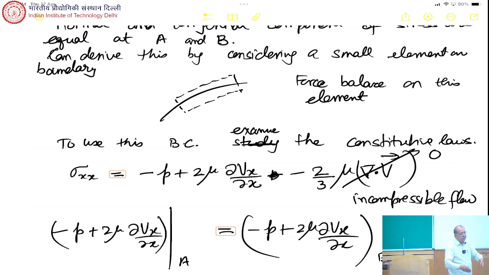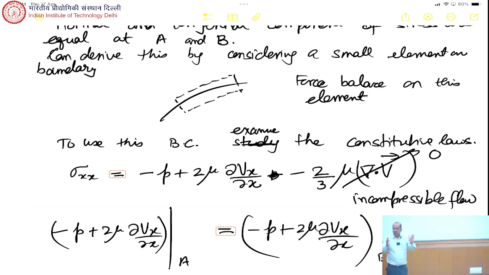Similarly, I can equate the y stresses and the z stresses for the other directions. Now what you will find is, in most of these situations, even partial Vx by partial x will be 0, when you find the solutions, as we will see them. Otherwise you are supposed to equate them.